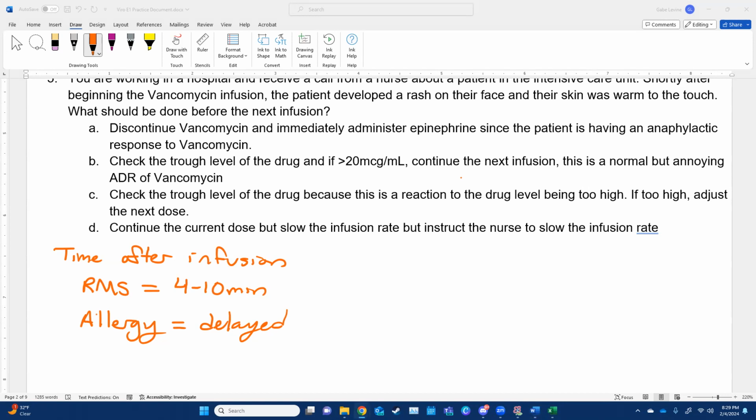One of the biggest things to know about what's going on here is that you have very, very fast degranulation of mast cells, which is causing a big release of histamine across the entire body.